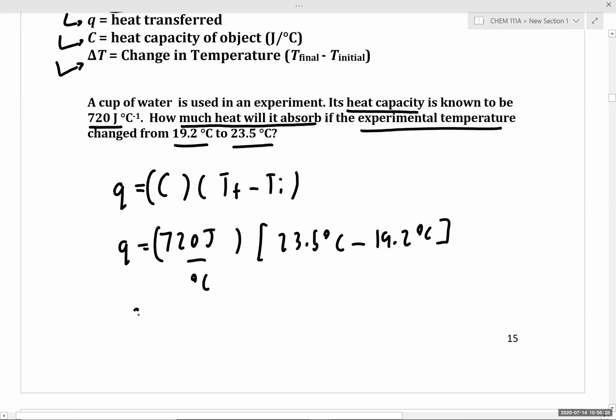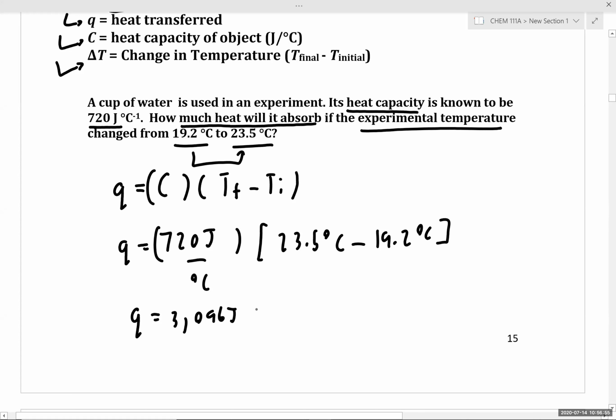In order to change the temperature of our sample from 19.2 to 23.5 degrees Celsius, we would have to absorb, let's calculate that, 23.5 minus 19.2 times 720.